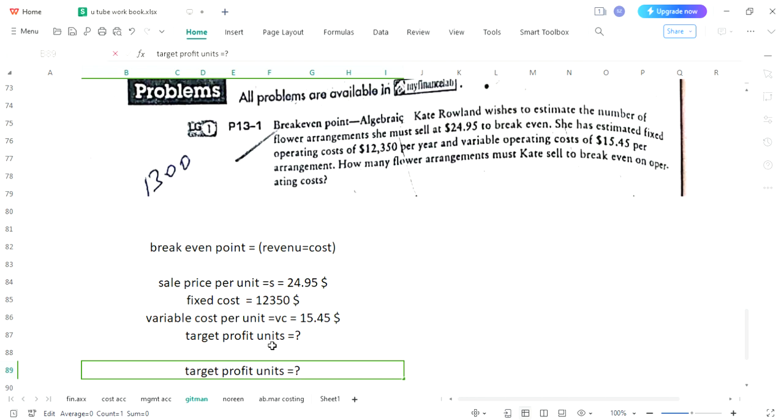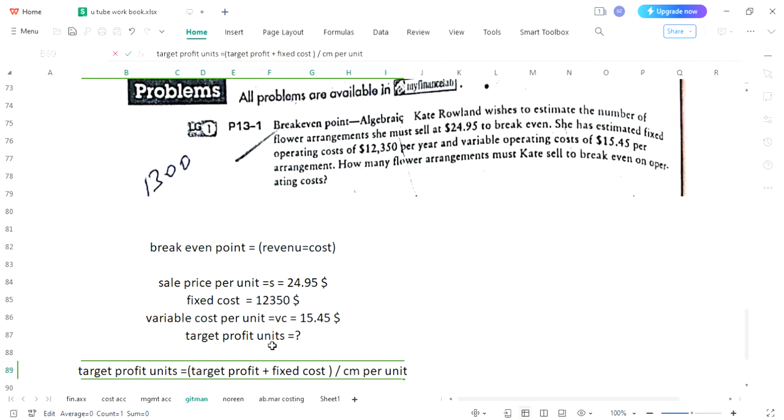For that you need to have fixed costs first, and then you will add your target profit, or it's better to write target profit first, and then you need to add your fixed cost, and finally you would be dividing it by contribution margin, CM per unit.